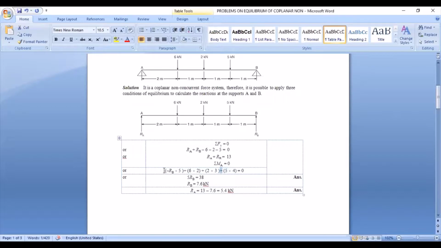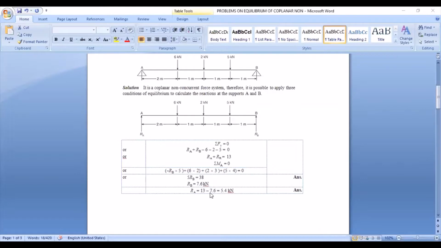So in this whole equation, we can see that it is only Rb which is unknown. If we solve for this Rb, we get Rb is equal to 7.6 kilonewton.